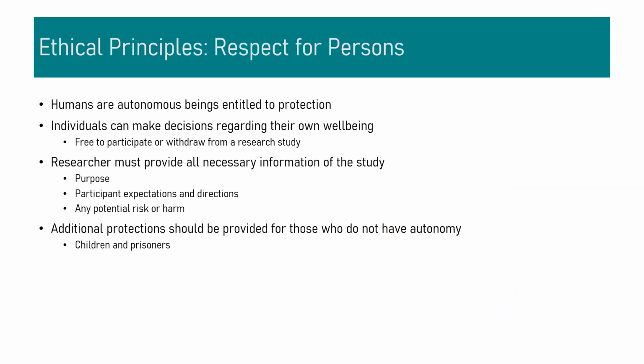This can include the purpose of the study, what the individual is expected to do, and any potential risks of harm that would occur while the individual is in the study. Additionally, respect for persons also argues that those who do not have autonomy, such as children or prison inmates, must have additional protections. And we'll get into that a little bit later.